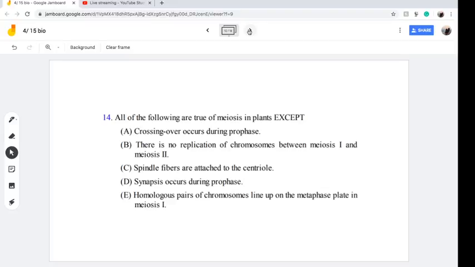Instead, the spindle fibers connect the chromosome to a microtubule organizing region. So if you look at the answer choices, which of them says that, the answer choice would be C. So C says spindle fibers are attached to the centriole. This is not true, as we have discussed earlier, and that is why this is the answer.